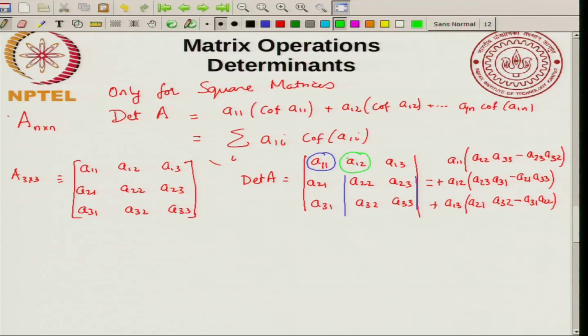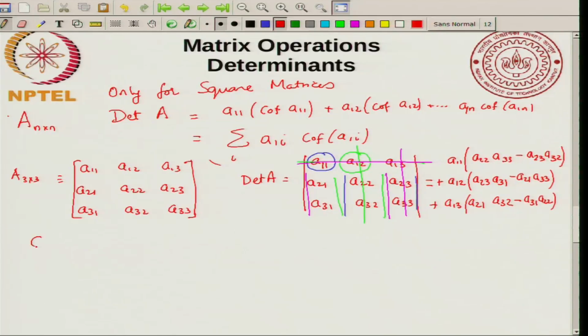If I imagine that I take out this row and this column, then I get this determinant, which starts with A23, A33, A21, A31, and so the value of that determinant is A23 times A31 minus A21 times A33. Similarly, for A13, I remove this row and this column, and I multiply it by this factor. So, that is the basic idea of a determinant, that you write it in terms of these cofactors.